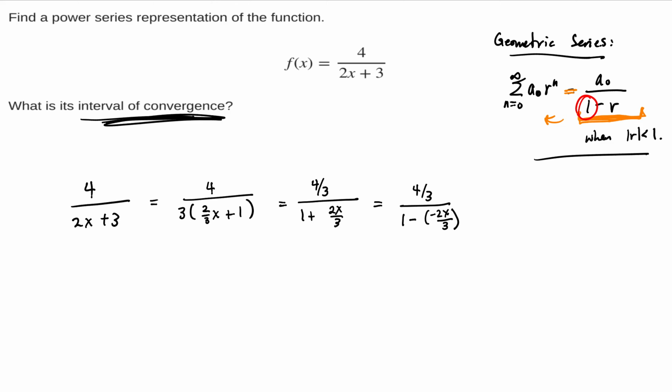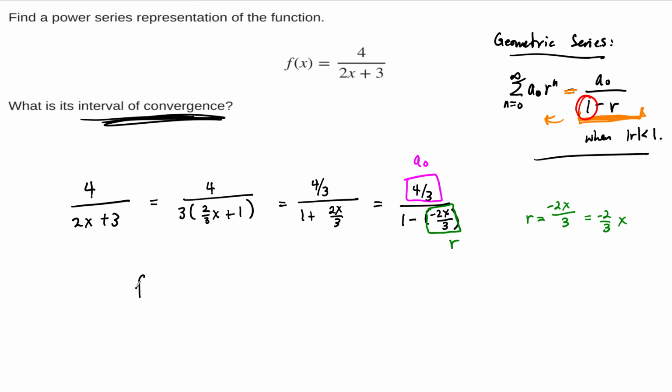But what we learn is that this term up here is our a naught of our geometric series, and this term, including the minus sign, is our r. So the ratio r of our geometric series is minus 2x over 3, or you could say minus 2/3 x. Now, all we do is plug this back into our series.